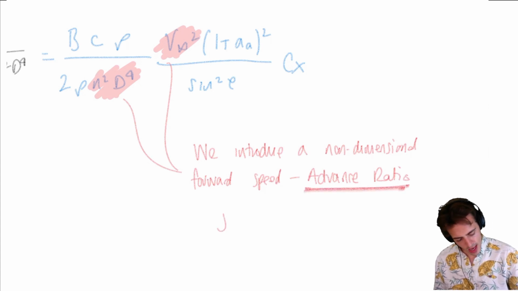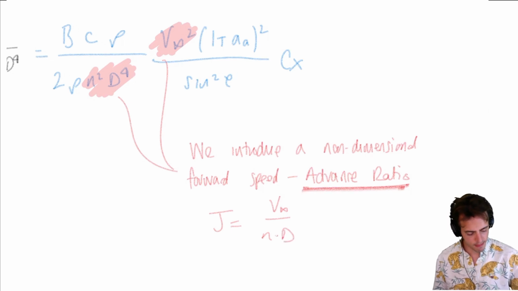It's given the symbol J, and it's equal to forward speed, V infinity, divided by n multiplied by D.